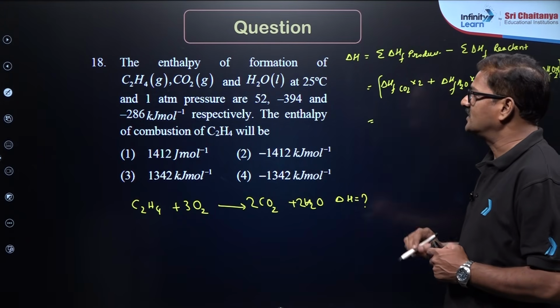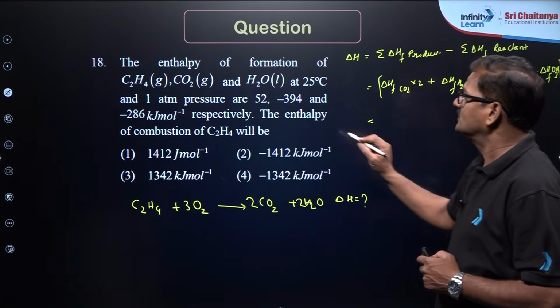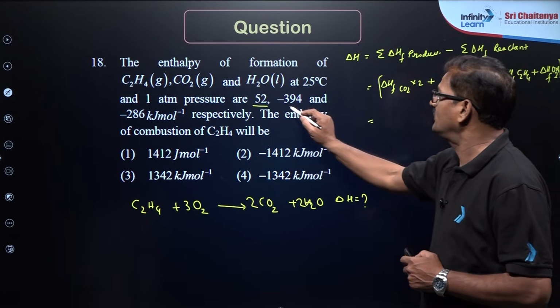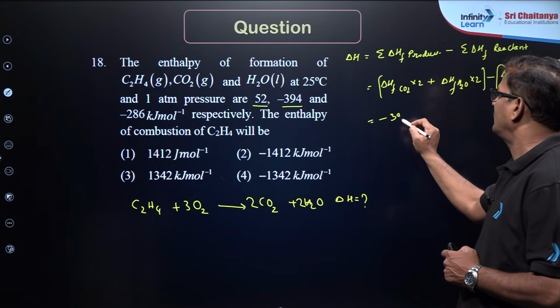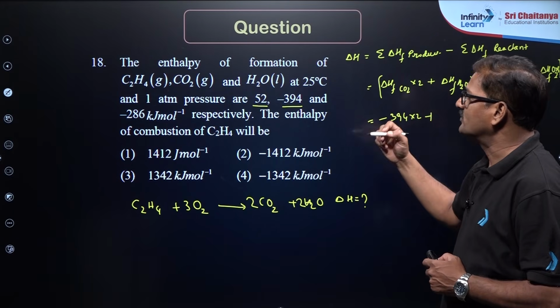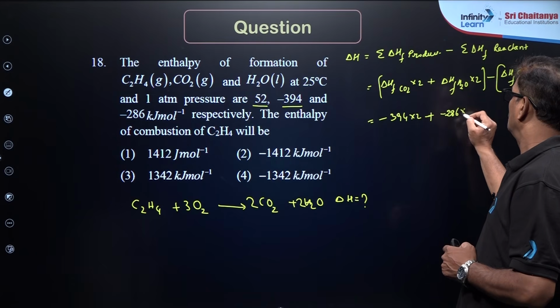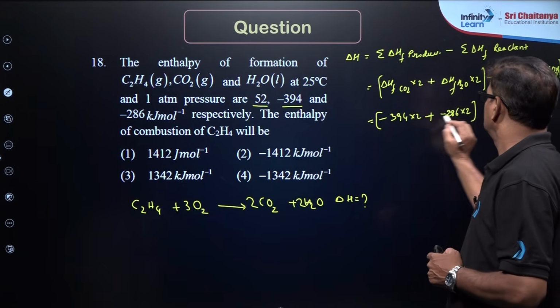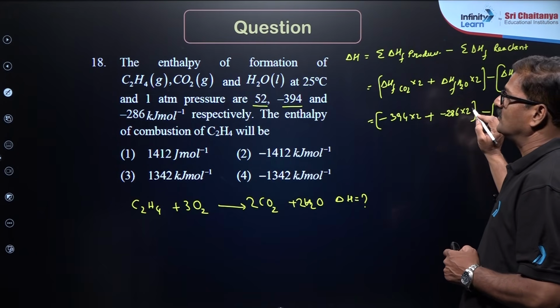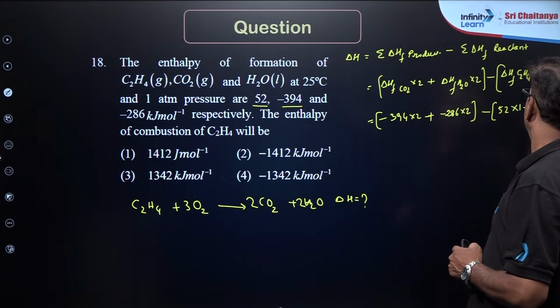Carbon dioxide is given as minus 394, and C2H4 is 52. So it is going to be minus 394 into 2 plus water, minus 286 into 2, minus 52 into 1 plus 0 into 3.